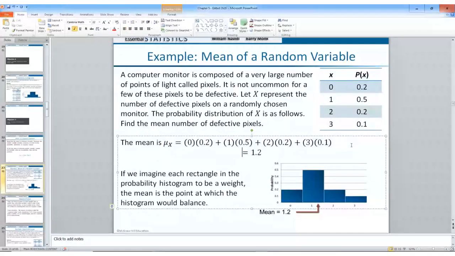Let's see, so I'm going to show you. So that would be 0, plus 0.5, so you can see what they're doing. So if you add all those up, you get 1.2.